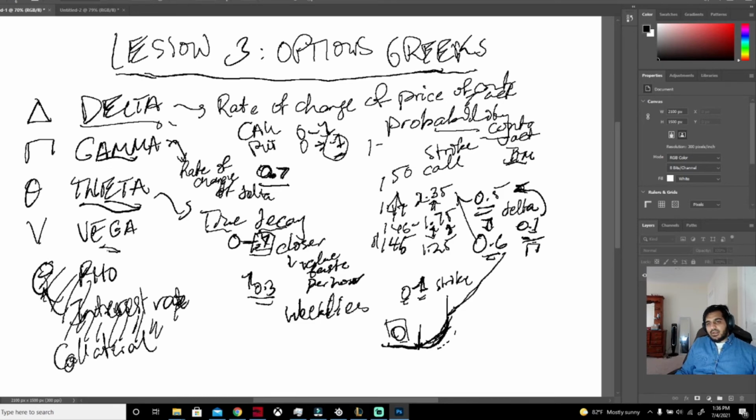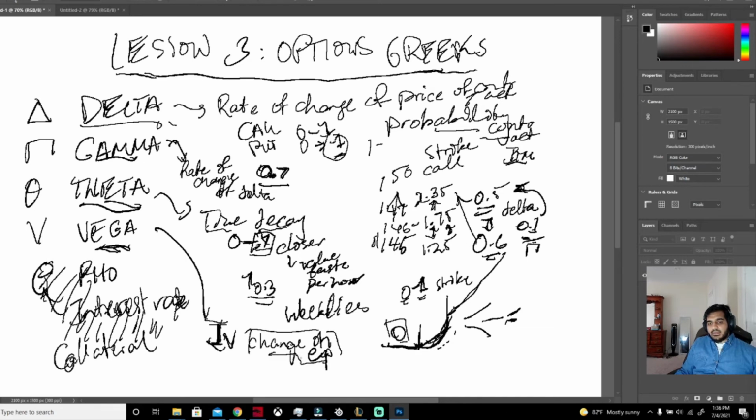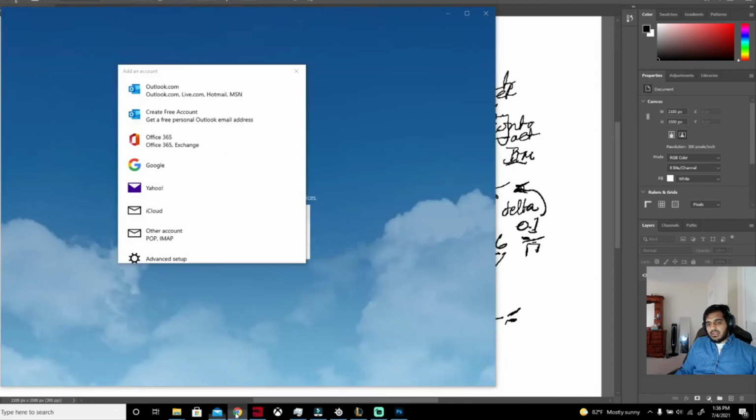So then we talk about the Vega. The Vega is implied volatility. All right, it changes on expiry because we talked about how there's high variability in the stock at the beginning and then low variability in the stock at the end, but it's really based off of the bids and asks for the implied volatility. So you can see Vega's here.